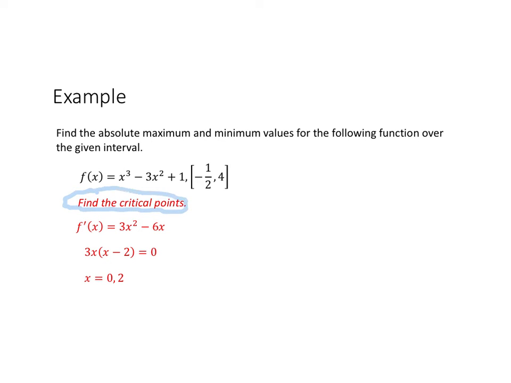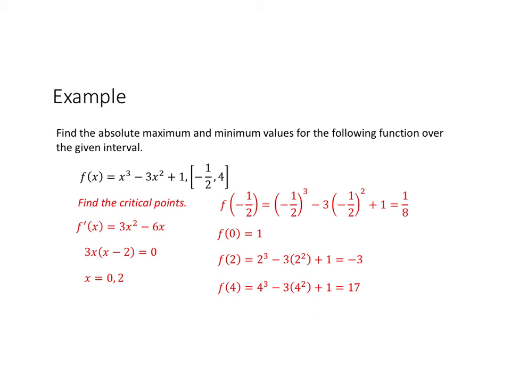In order to do that, I need to take the derivative of the function. The derivative is 3x squared minus 6x. If I set that equal to 0, I can factor out a 3x, so I get 3x times (x minus 2) equals 0. Setting each factor equal to 0, my critical points are 0 and 2.